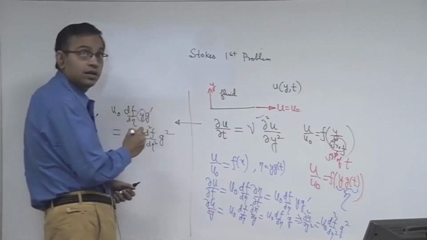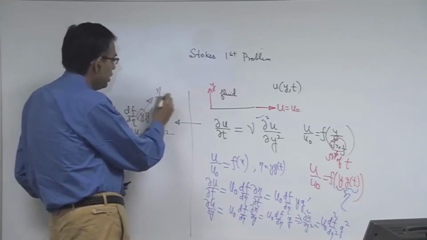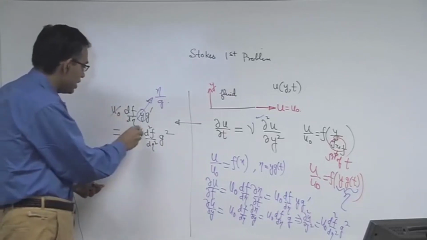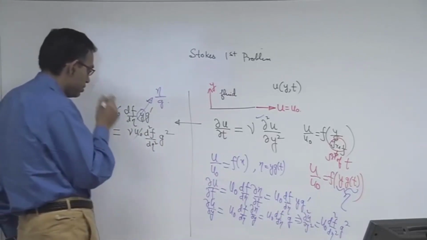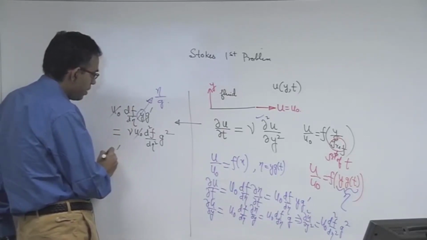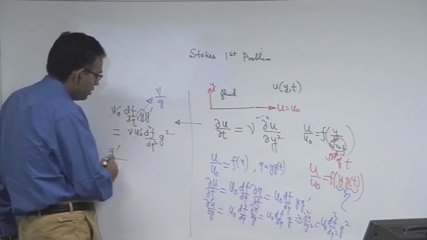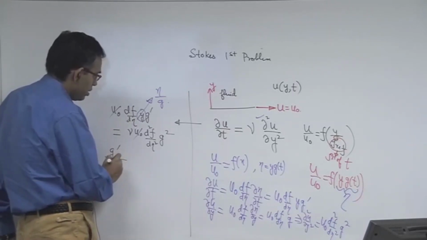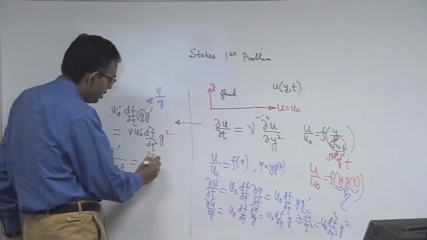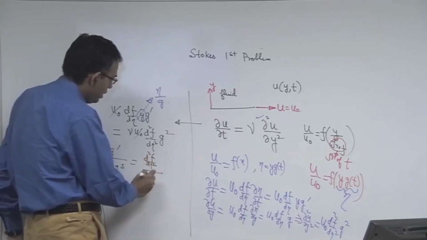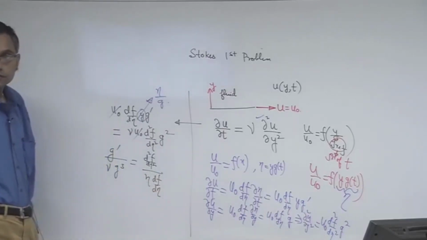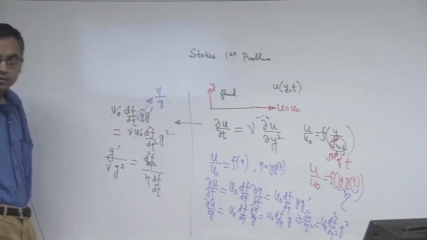This y is nothing but eta by g. u0 gets cancelled from both sides. So, g dash by nu g cube is equal to d2f d eta 2 by eta df d eta. Right.